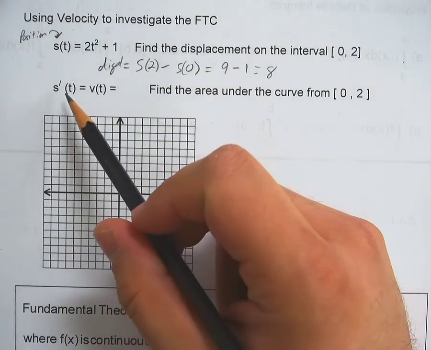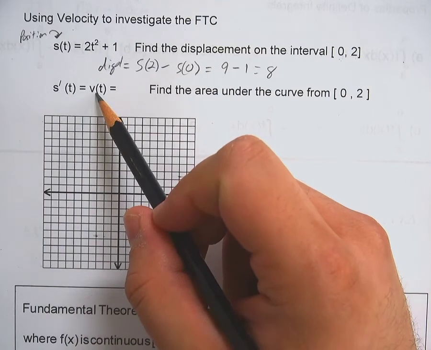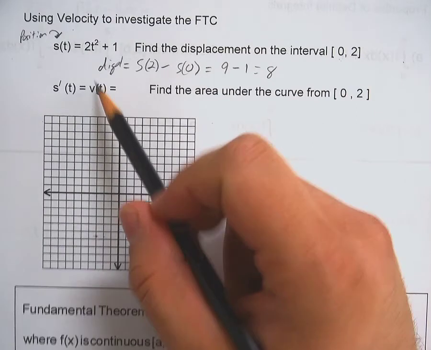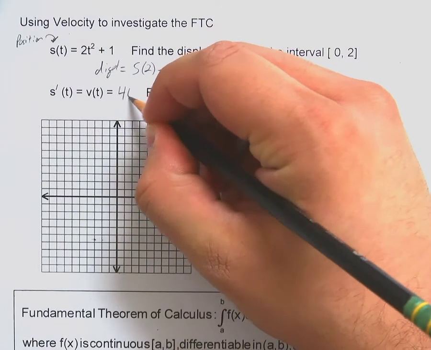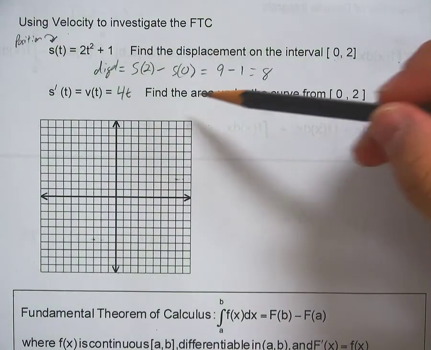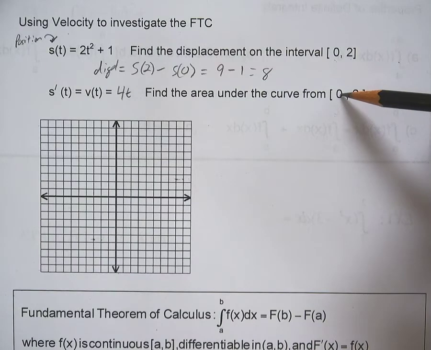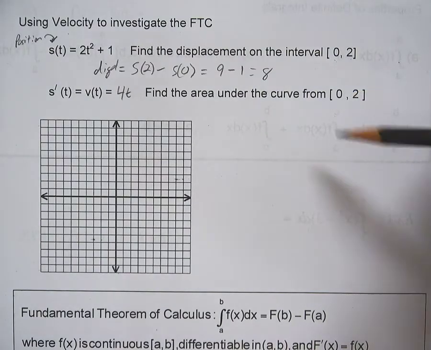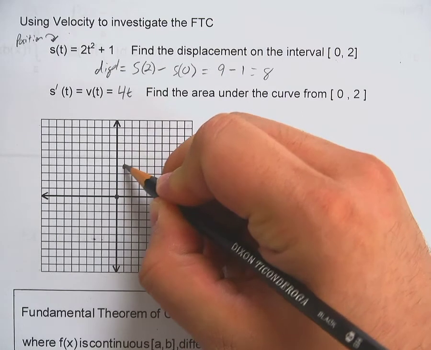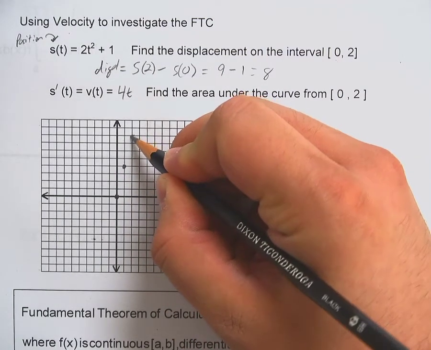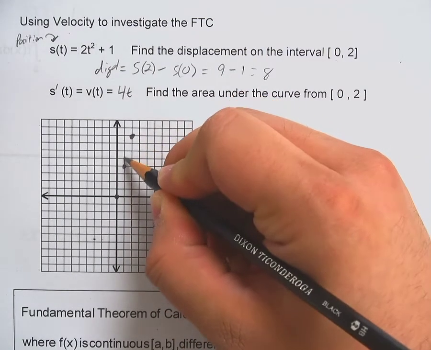And you know that the derivative of position is velocity, right? So for this one, it would be 4t. And it wants us to find the area under the curve from 0 to 2. So if I was to graph 4t, it would go through the origin, up 4 over 1, 1, 2, 3, 4.